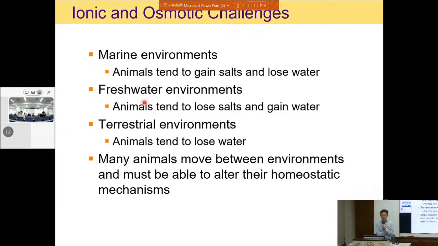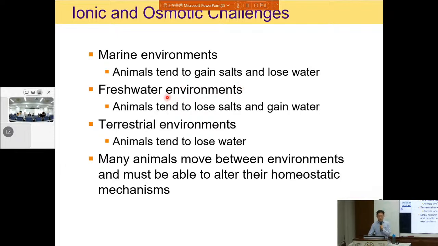Regarding the ionic and osmotic challenge, the terrestrial animal and the aquatic animal face exactly different challenges. In the marine environment, animals tend to gain salt and lose water because of the difference in osmolarity.